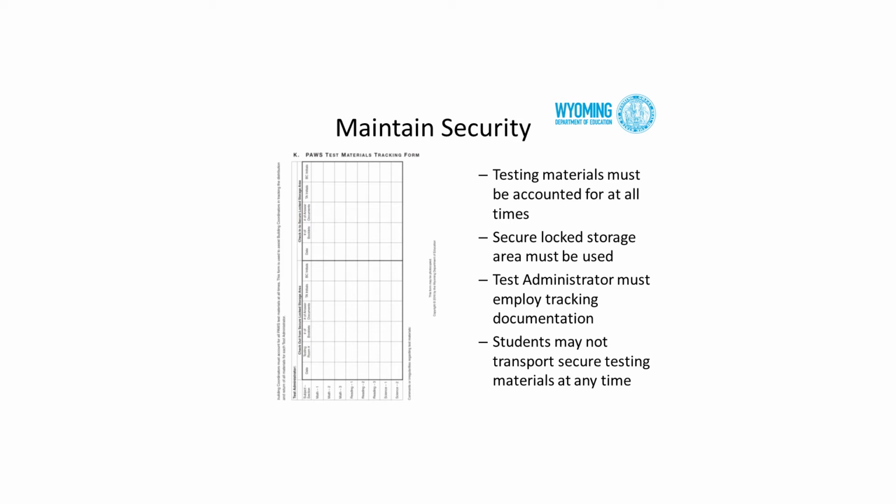This is not a required form. If you already have something in place and have been using it, by all means, that's great, and we thank you for doing so. But if you did not have anything in place, I would recommend using this form, so that you know at all times where those materials are during the testing window.